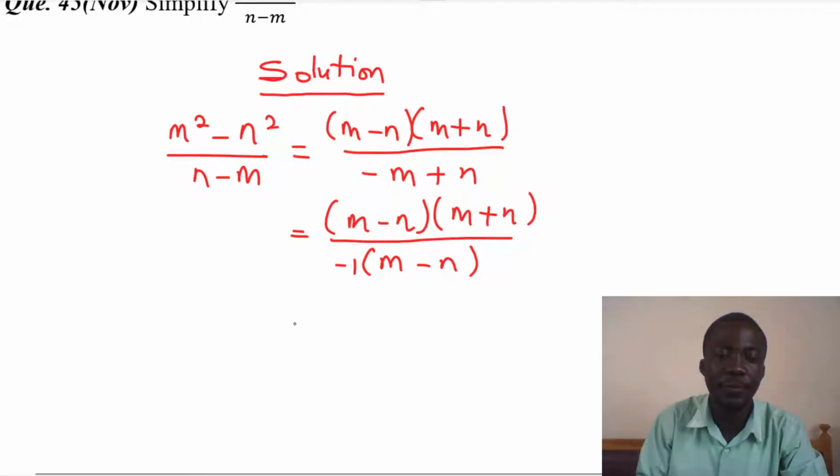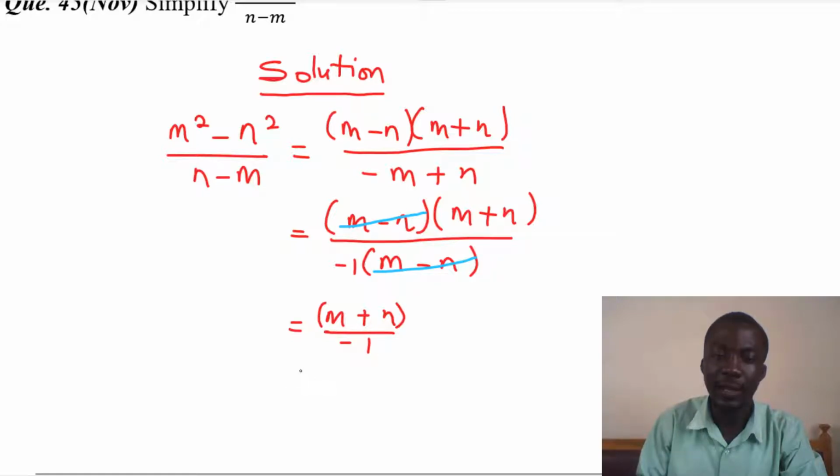Now we have an expression like this. We can cancel m minus n with this m minus n here. So when we cancel out m minus n and m minus n here, we will be left with m plus n divided by -1.